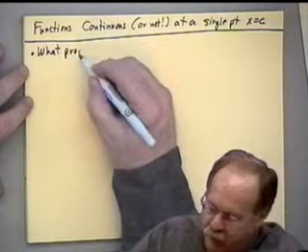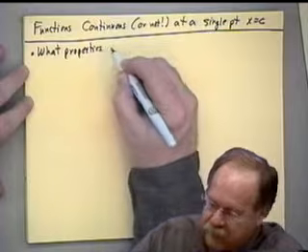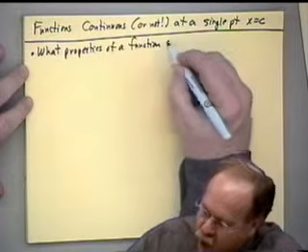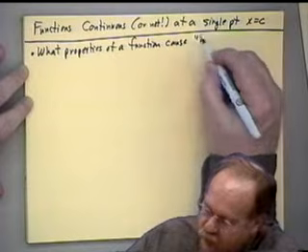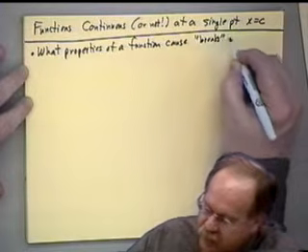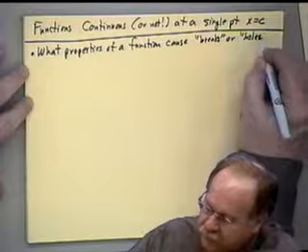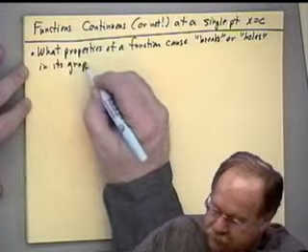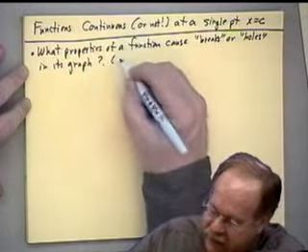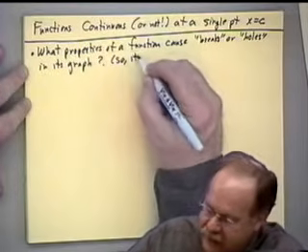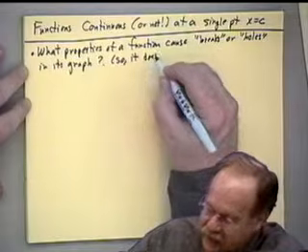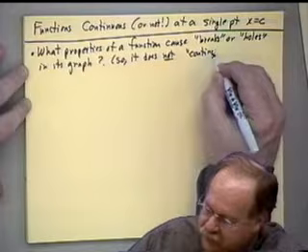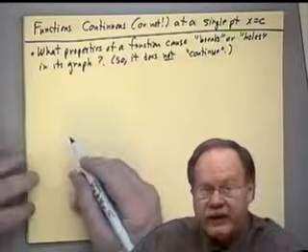The question would be, what properties of a function cause what I referred to earlier as breaks or holes in its graph? Another way to say that is, the function does not continue. It doesn't continue past the break or past the hole.